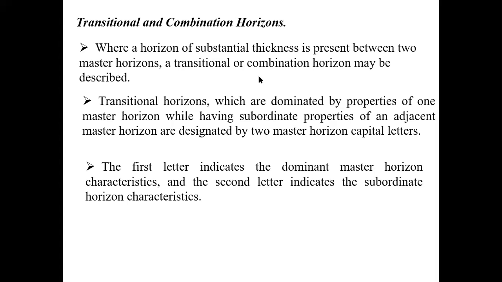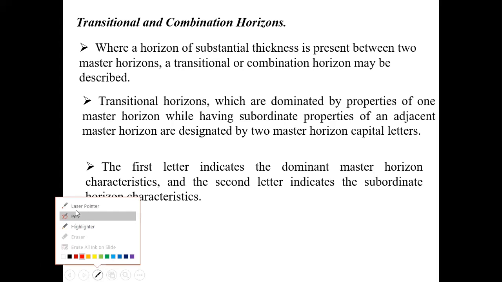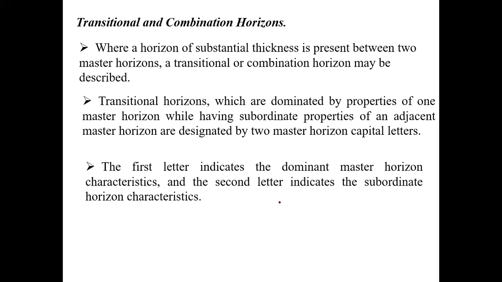Transition means, say for example, whenever we see a profile, if it is a forest area, you can see some organic material, all those things, and later you can see A and B, C, R, and if the case has W, it will be there.